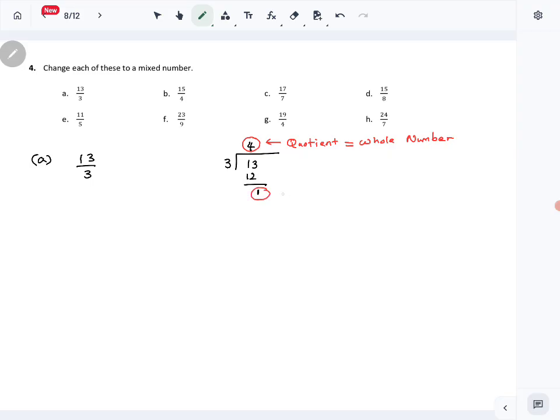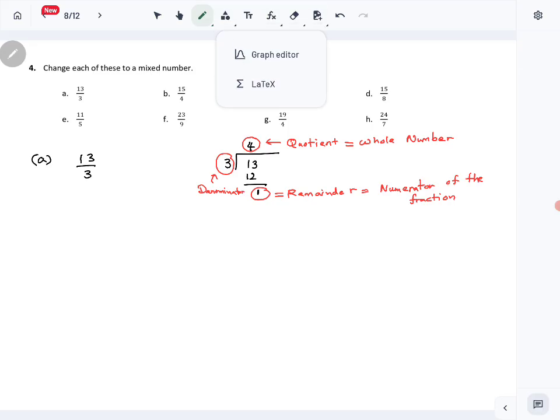Then this number below here, the remainder, is the numerator of the fraction, and this divisor is the denominator. So it's the same denominator as the improper fraction, right?